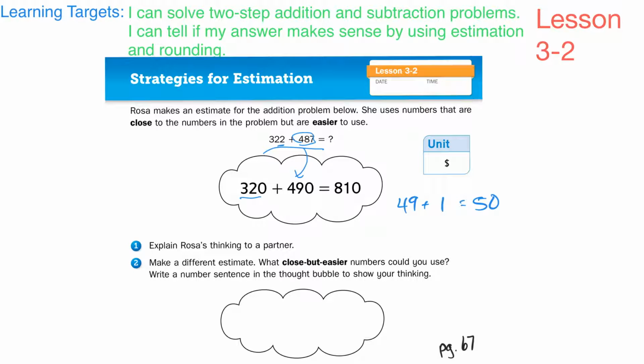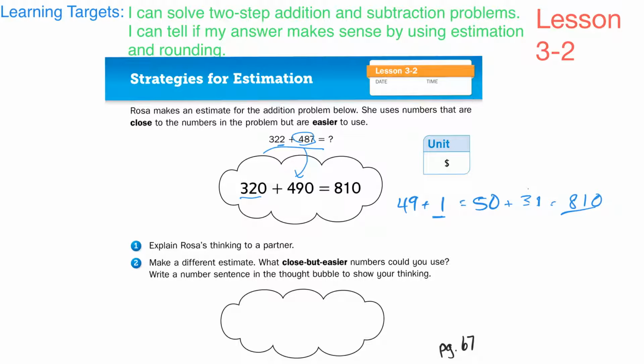And then this, instead of being 32, since I took that 1 from it, would be 31. So 50 plus 31. Let me erase that, make that a little bit more clear. 50 plus 31: 50, 60, 70, 80, 81. And then I add my 0 back on, so I had 810.